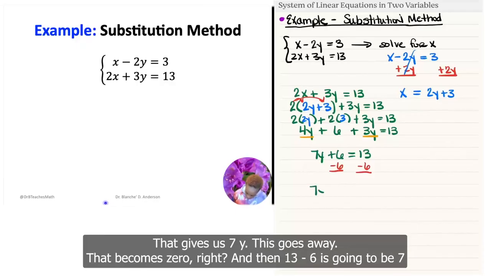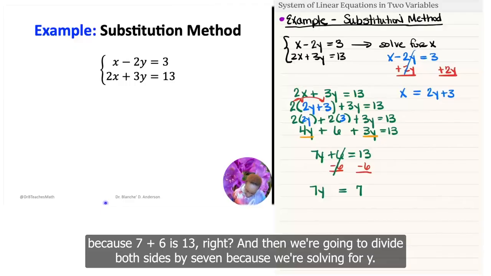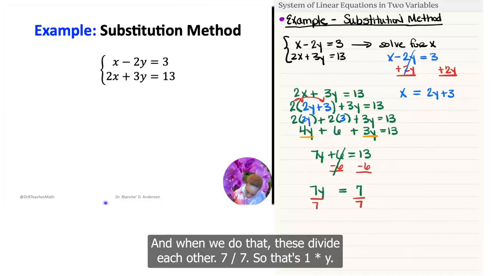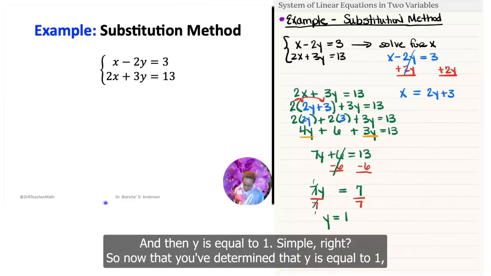That gives us 7y. This goes away, that becomes 0, right? And then 13 minus 6 is going to be 7 because 7 plus 6 is 13, right? And then we're going to divide both sides by 7 because we're solving for y. And when we do that, 7 divided by 7, so that's 1 times y. And then y is equal to 1.